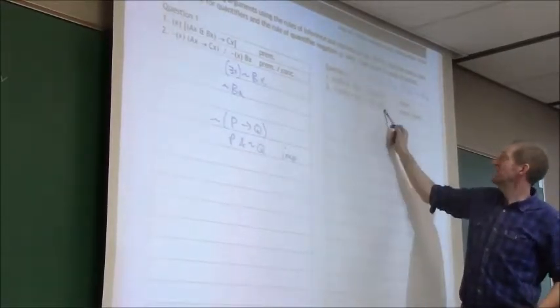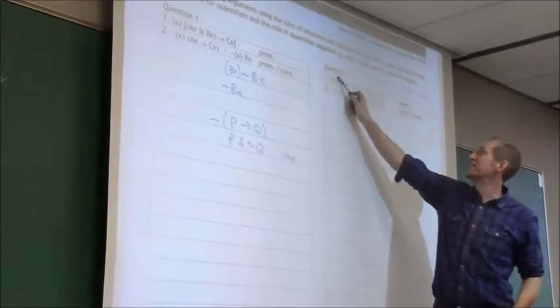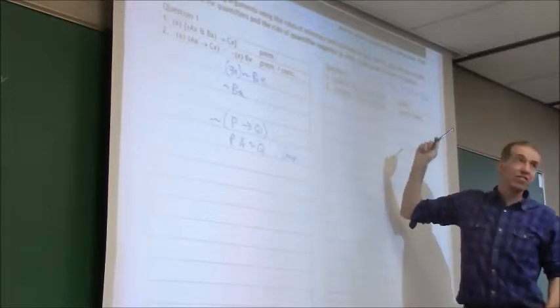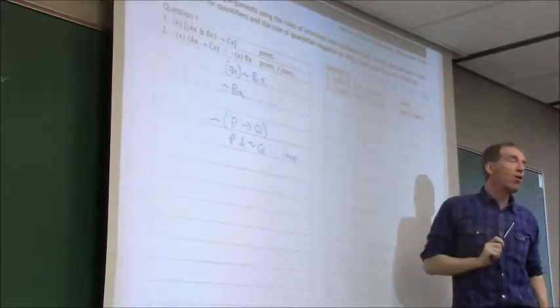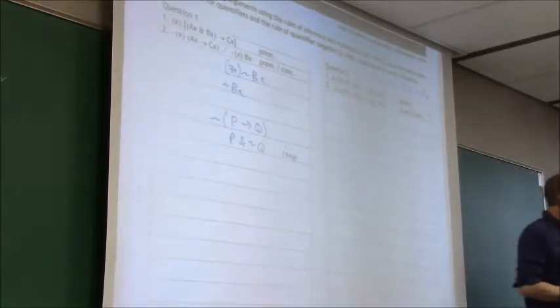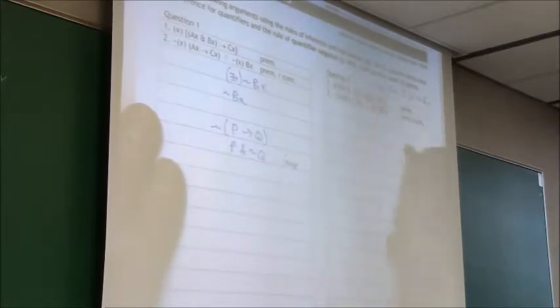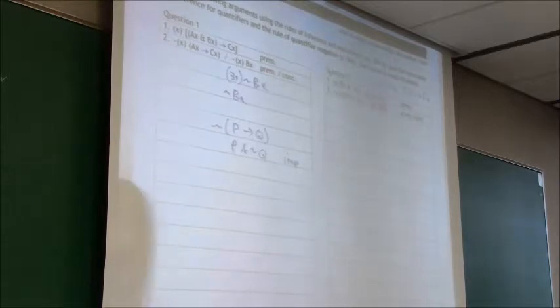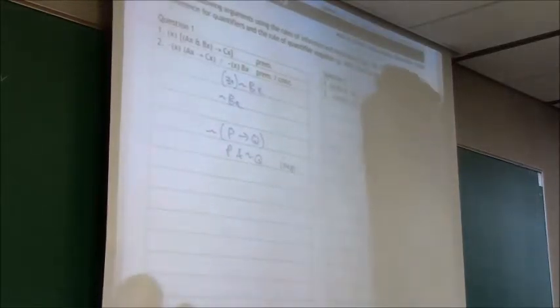However, I'm going to want to get D, and D is over here. How am I going to get at it? Answer, using modus tollens. So this is a bit like what just happened in our omnipotence proof. I'm going to want to get the negation of this. In other words, I'm going to want to get this. Notice that this is equivalent to this.